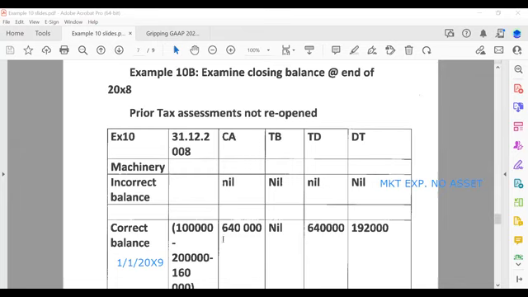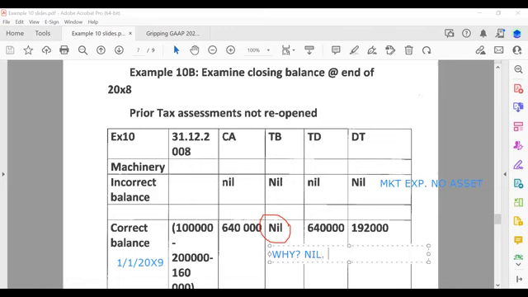We'll take 1 million of our asset and we'll subtract depreciation of 200,000 and 160,000 for the year X8. But very important, I want you to look at our tax base column. Notice now it's nil. Why is it nil? The reason why it is nil.